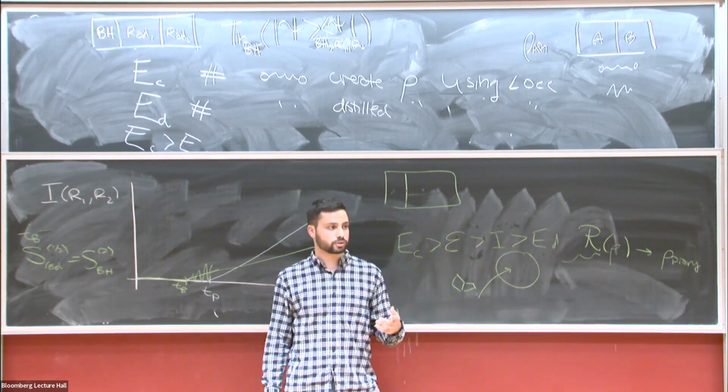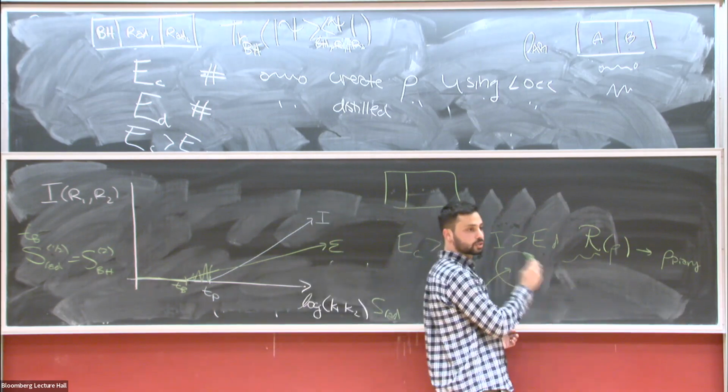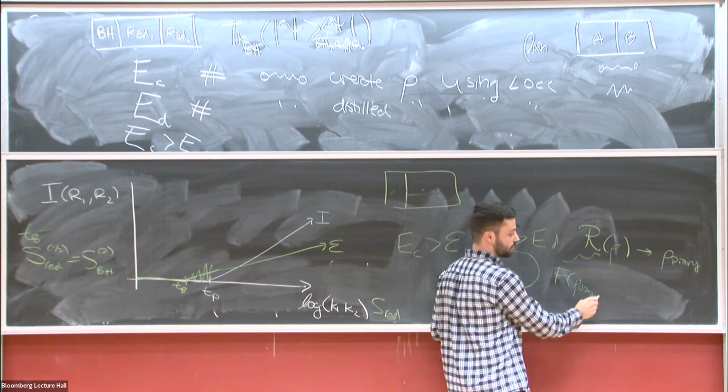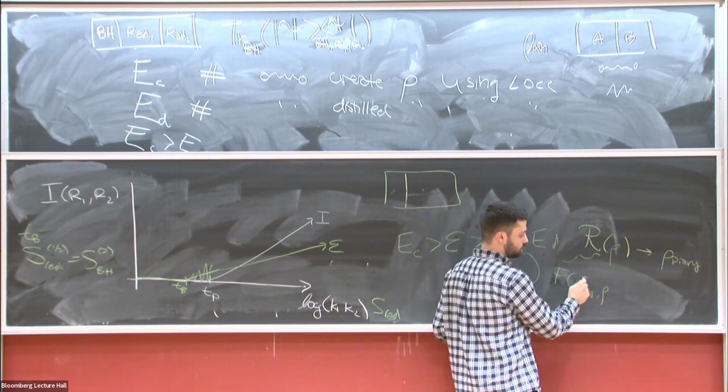And you can ask how well did this Page map work? You can quantify this by looking at the fidelity between the state that you get using the Page map and the actual state of the diary.